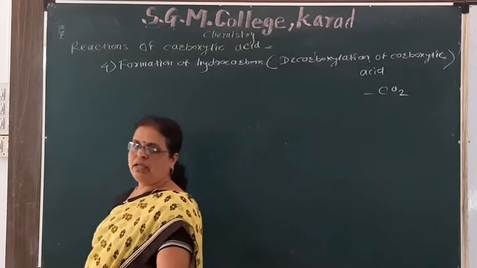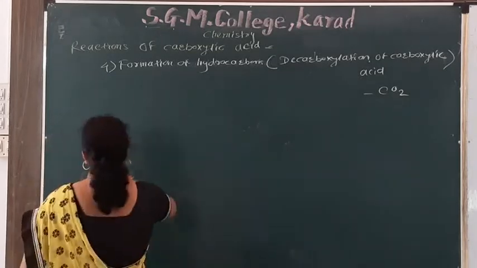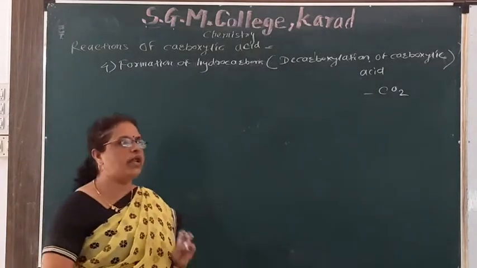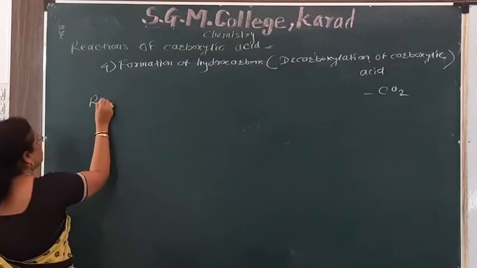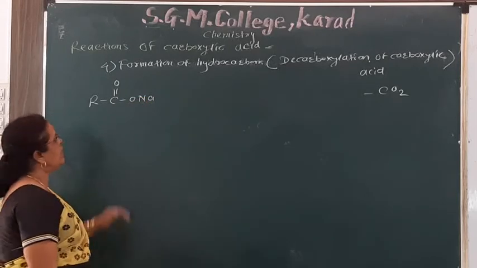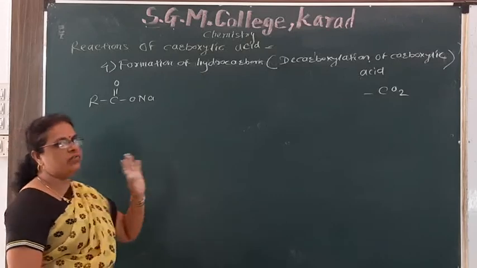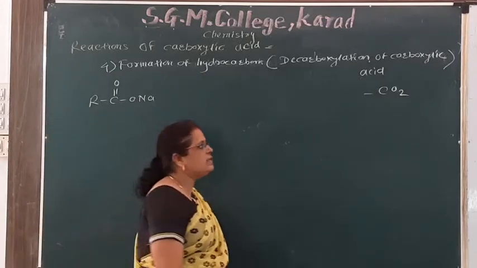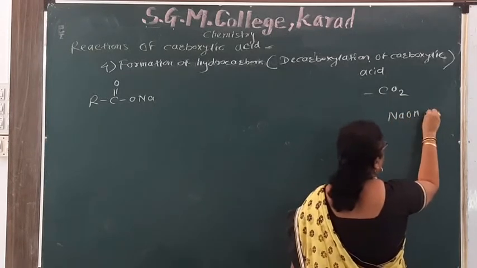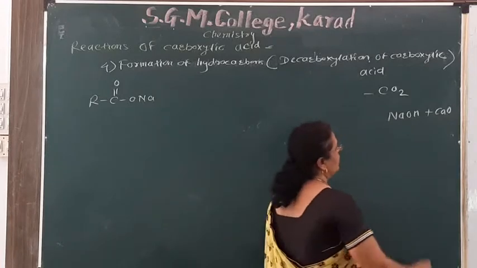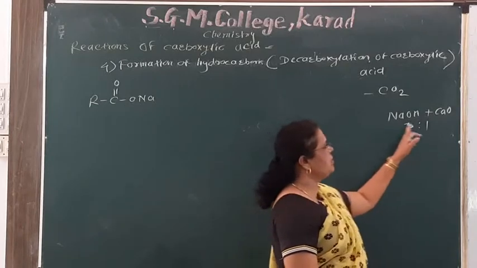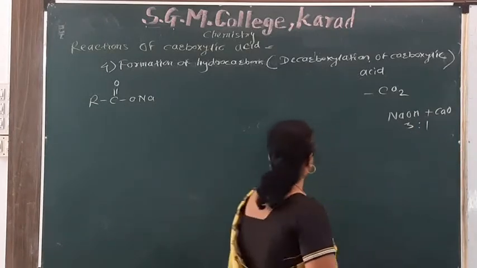In this reaction, when sodium salt of carboxylic acid, that is RCOONa, is heated with soda lime, the soda lime is a mixture of NaOH and CaO. The ratio is 3:1. This mixture is known as soda lime.